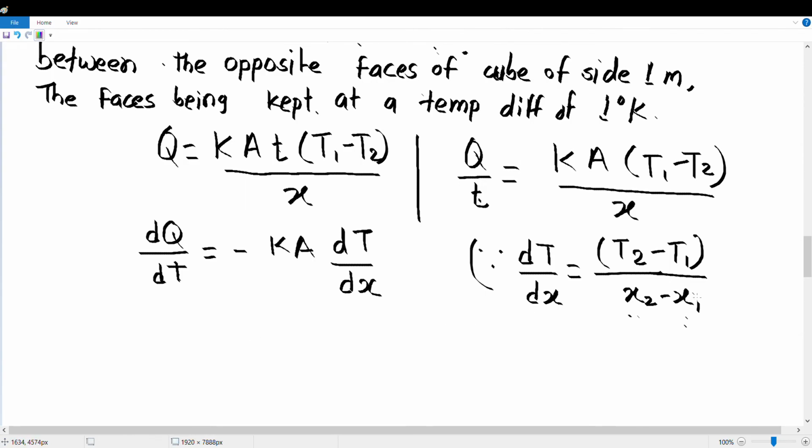So, this x2 minus x1 is x. Here we rearrange the term, and that's why we have taken the negative sign.